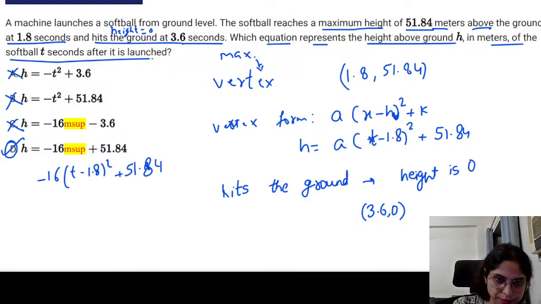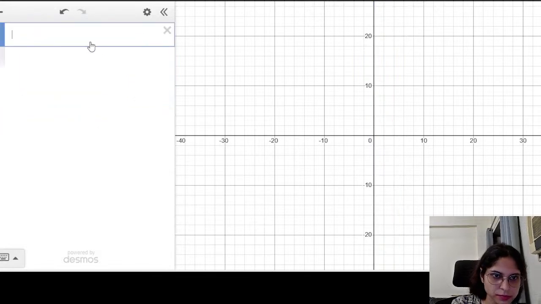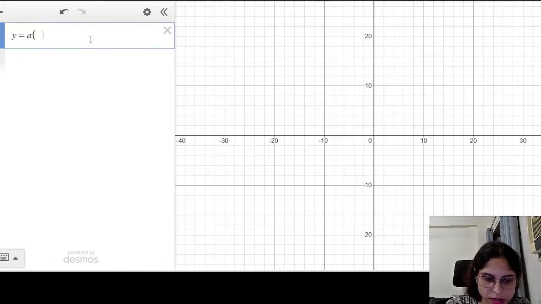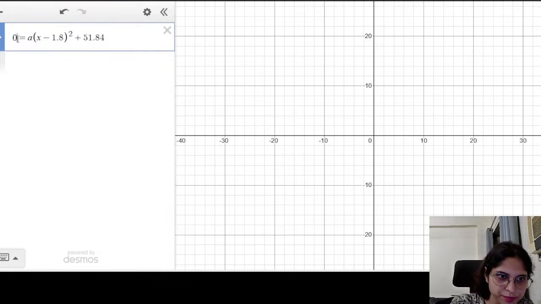Otherwise, what you can do, because they've already given you the vertex and one point, if you do not want to make a table, you have y equals a times (x minus 1.8) whole squared plus 51.84. The other point is 3.6, the value of y is 0, so you write 0 over here. The value of x is 3.6, so you write 3.6 over here.